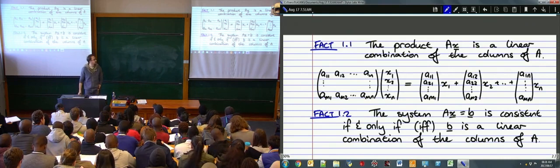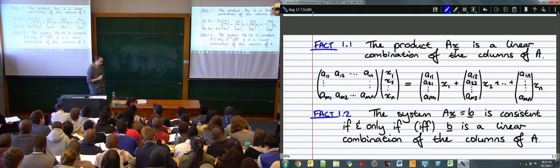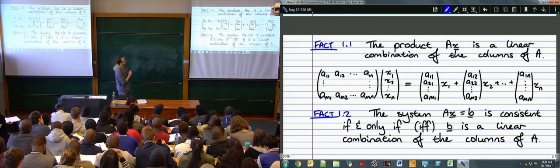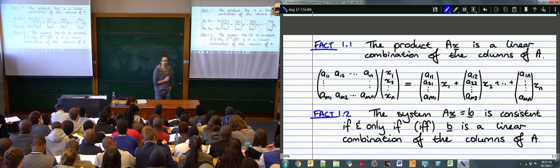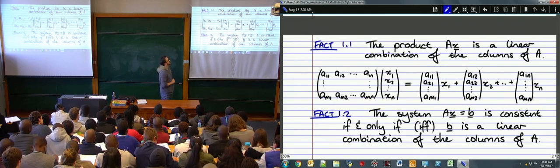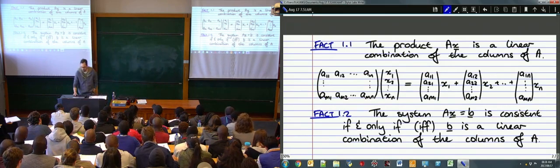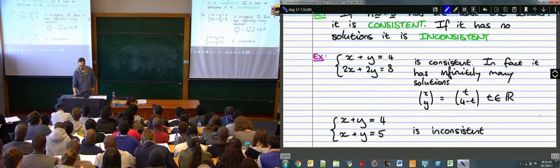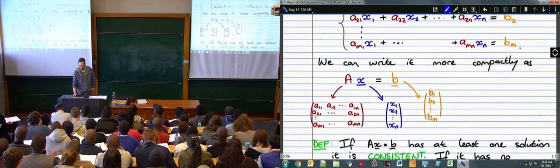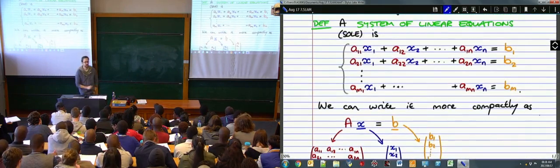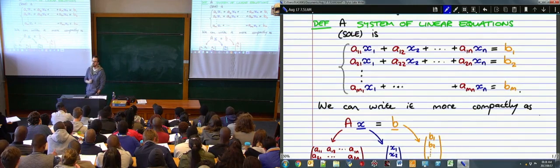Okay, so we're going to keep talking, and one of the things that we can think about is this product AX. We've seen this product AX, and we can understand it in a couple of ways. One is as a linear combination of the columns of A. We can also understand AX as representing that big mess on the left-hand side in a system of linear equations.